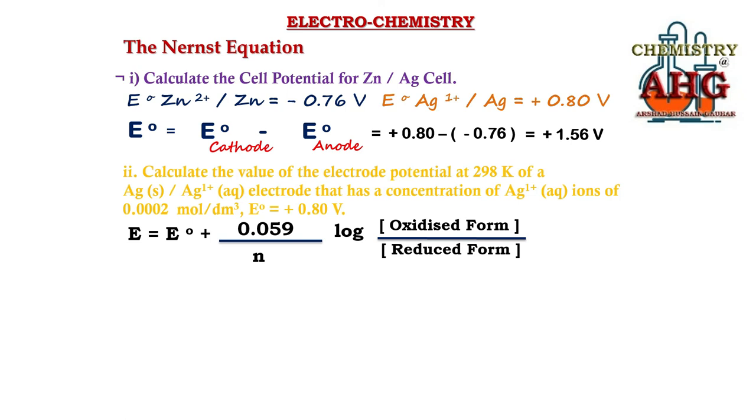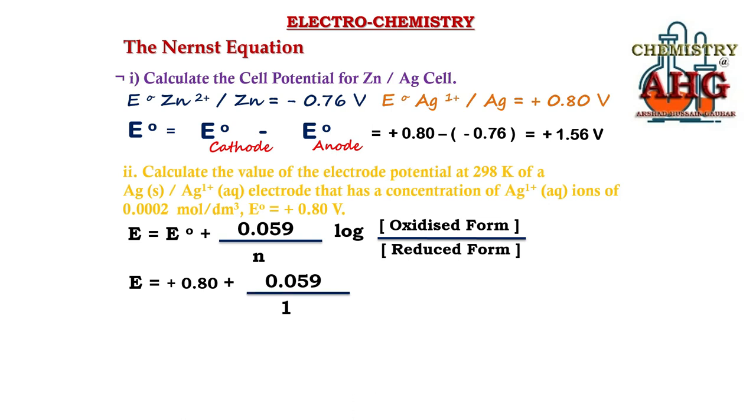Now E naught, the standard reduction potential of the silver half cell, is given. 0.059 is a constant. The number of moles of electrons will be 1, because silver is showing a change of 1 unit, from 0 to 1 positive in its oxidation state.